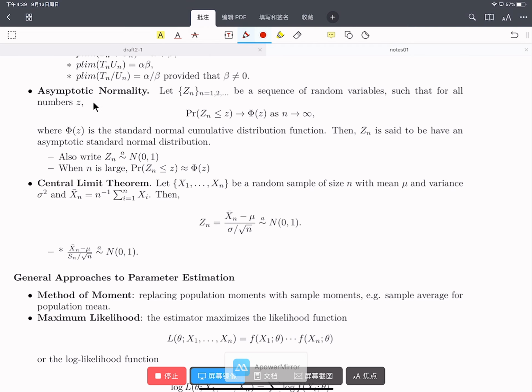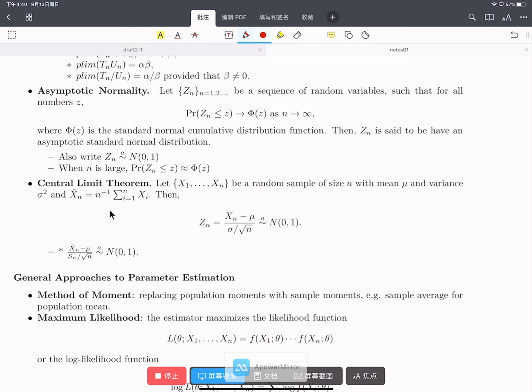And I said this concept is closely related to the central limit theorem, which is very powerful. Suppose we have a random sample of size n, drawn from a population with mean mu and variance sigma squared. Now you have the sample average x bar n, where n denotes the sample size, which equals the summation of x divided by n.